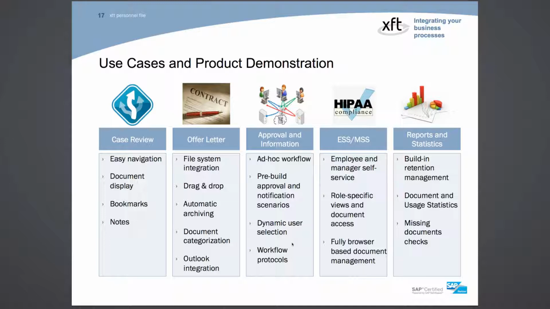The document is categorized, and we can then send it out to the applicant, as well as receive any response or feedback in Outlook, and also capture that document straight out of Outlook. There are many other applications. We're happy to show you more on the product.